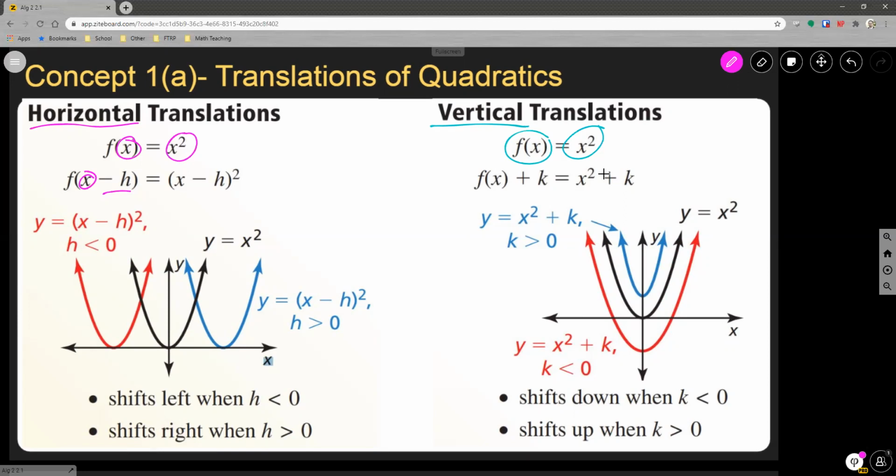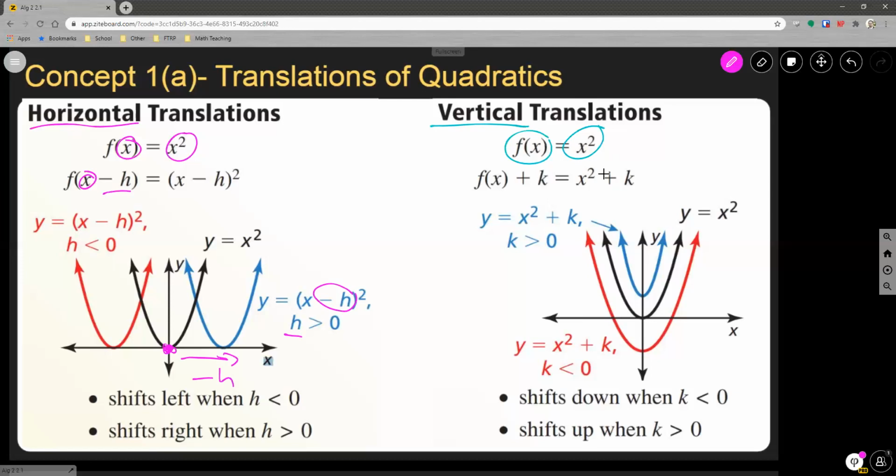Just like mentioned before with the absolute values, if I've got my x squared function, this black function here, and I want to move it to the right, which is in a positive direction, my h value is larger than 0, but I'm subtracting that h value. So to move to the right, I'm going to be subtracting h.